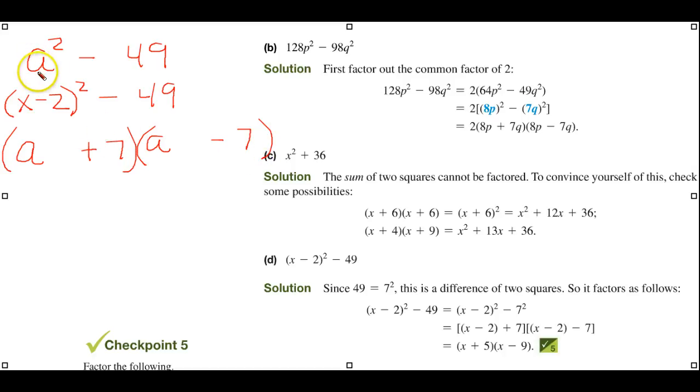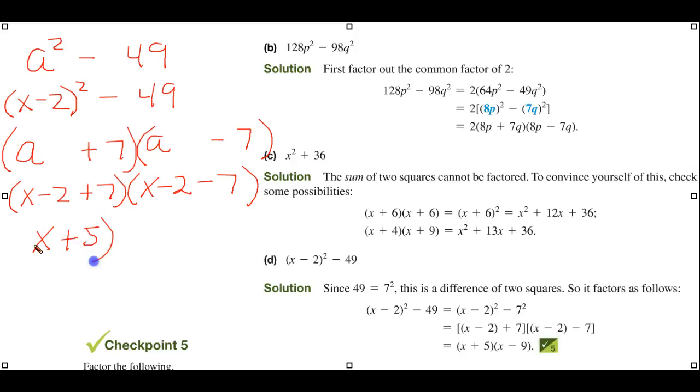Now what is our A? Our A is actually x minus 2. So we put that in there, x minus 2 plus 7, and then x minus 2 minus 7. Now we just collect like terms, x plus 5 and x minus 9. And of course they show the work in our book.